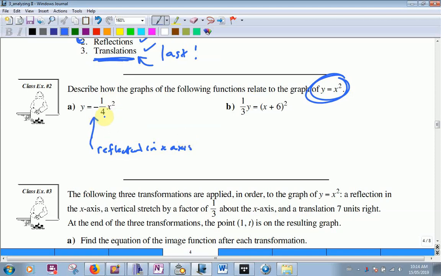And what does the quarter do? That's a vertical what? Compression. Good. Quick learners. By a factor of a quarter. All the y values will be a quarter as high as they were. That will be a fatter graph. It'll be compressed.